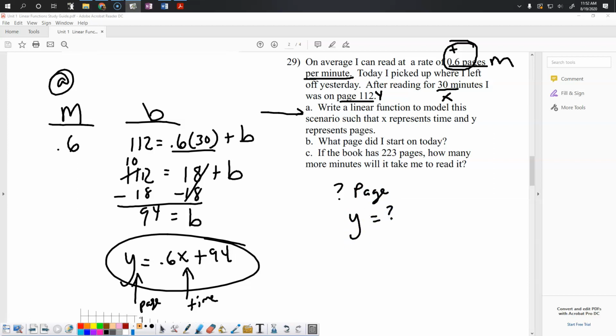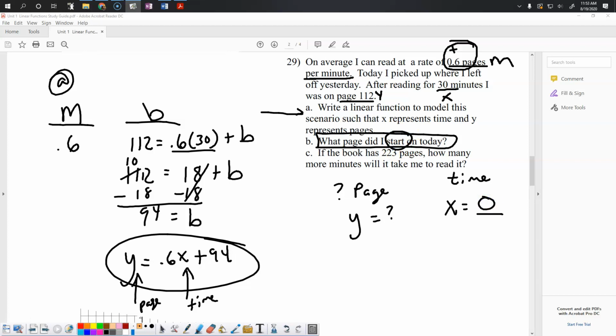So if they want me to find y, that must mean they told me what x is. So what is x? And remember, x represents time. Well, the problem doesn't give me a number, but it says on what page did I start? And at the start, how many minutes have I been reading? The answer is 0.